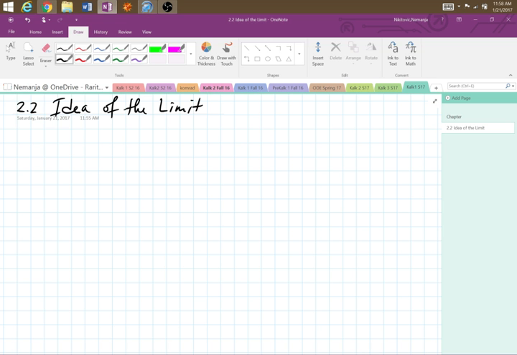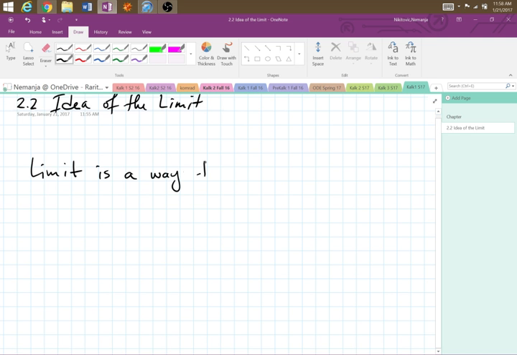So that's what this lecture is about. Limit is a way to compute the y value.